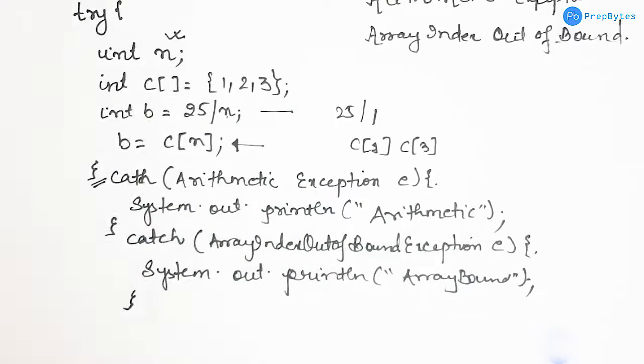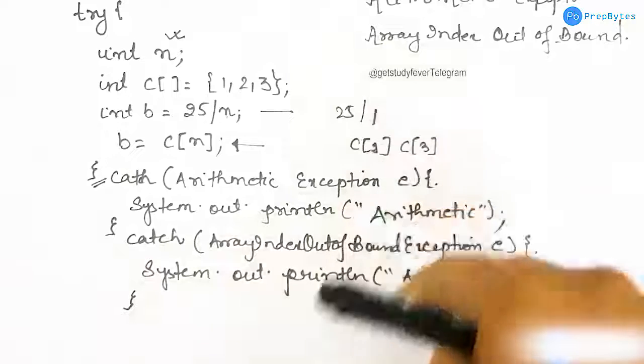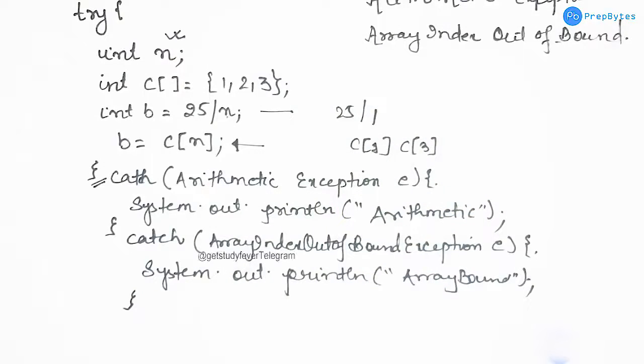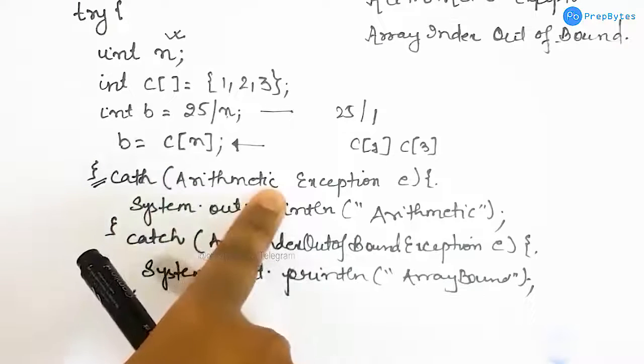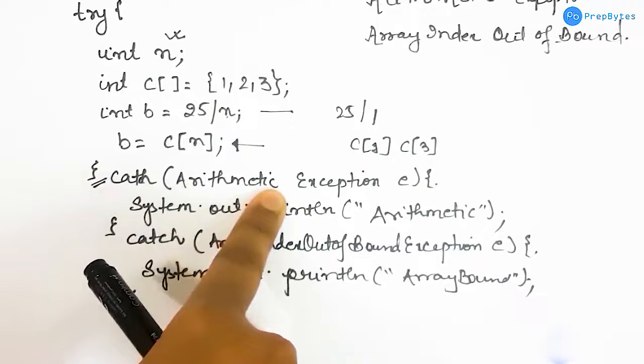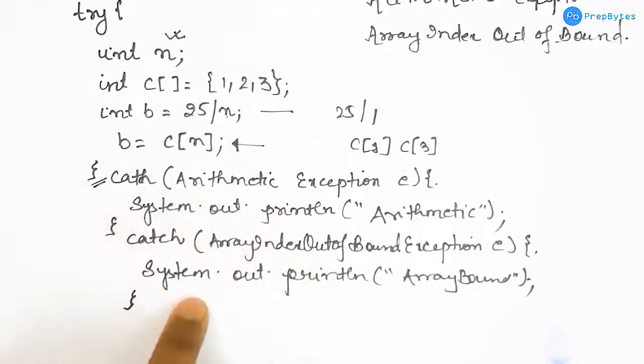One thing to note here is that when you are writing multiple catch clauses, make sure you first try to catch an exception of a subclass, and then in the end you can catch an exception of the superclass.